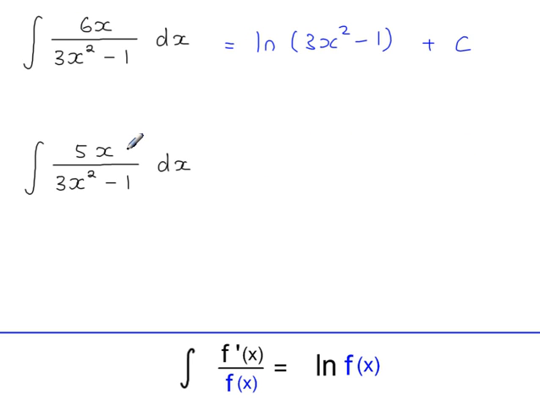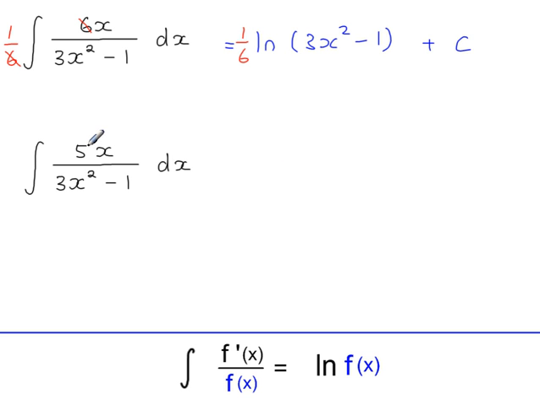In this example, again we have something similar to this, except we need a 5 here and not a 6. So let's multiply each side by 1/6, so that will get rid of the 6.